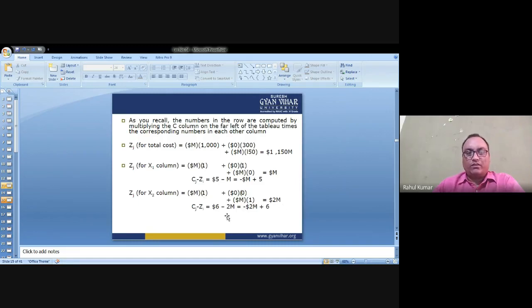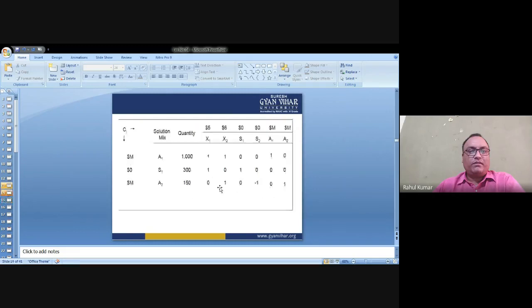This is equal to 2M. Then Cj minus Zj is equal to $6 minus 2M, equal to minus 2M plus 6. These are the values related to Cj minus Zj, right?